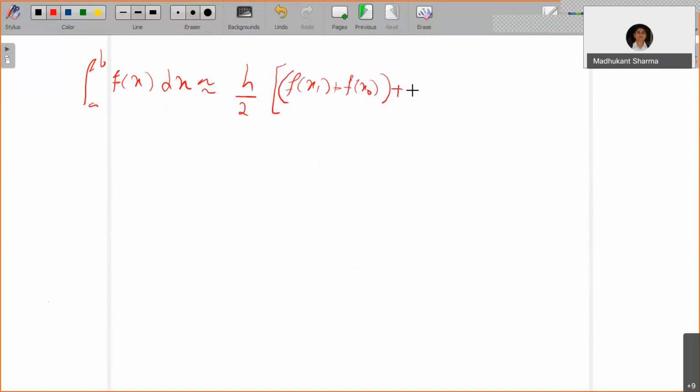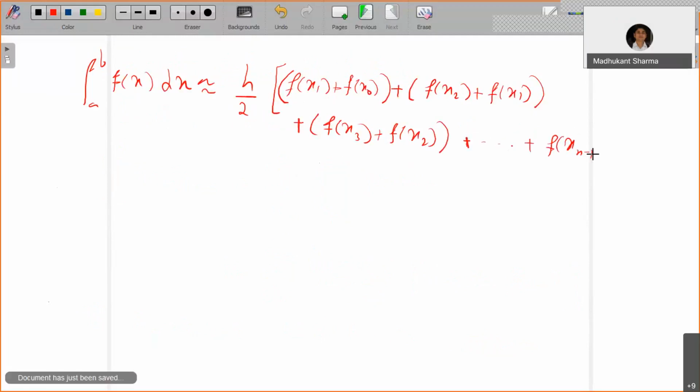Now the second term is f of x2 plus f of x1, plus f of x3 plus f of x2, and so on, plus f of xn minus 1 plus f of xn.